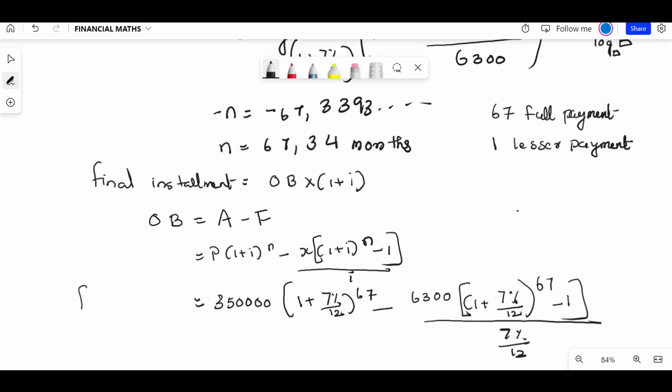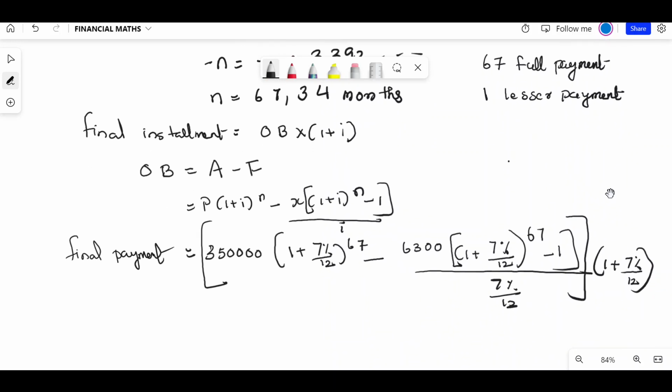So the final payment, let us write in one step. The final payment is going to be whatever you get in this answer, you multiply it by 1 plus the 1 month interest rate, 7% over 12. That's all. So that is all to find the final installment.